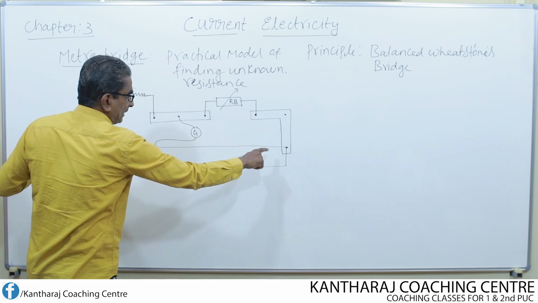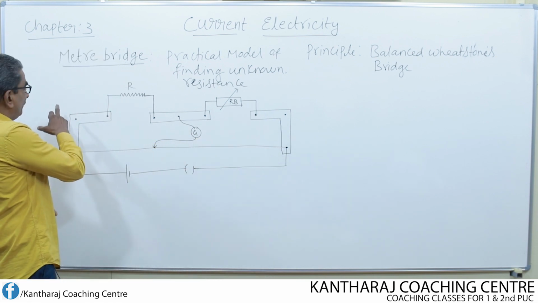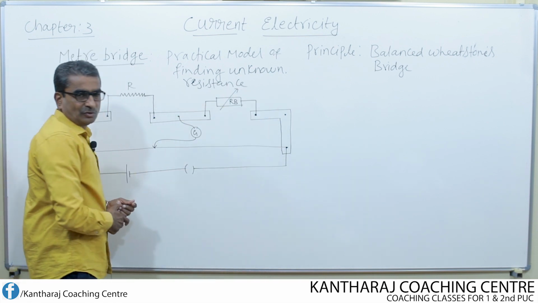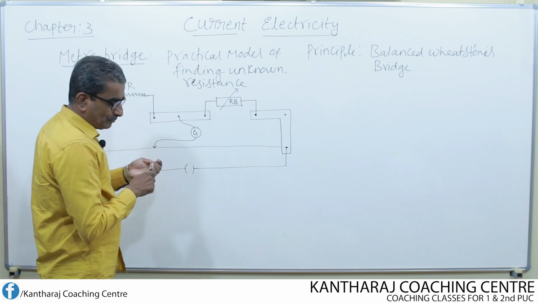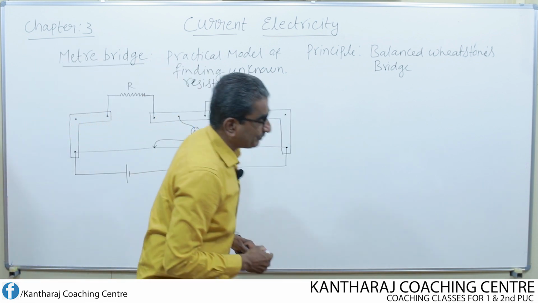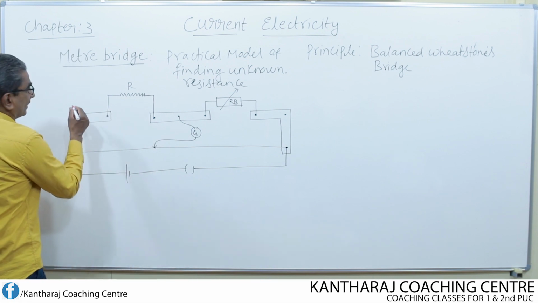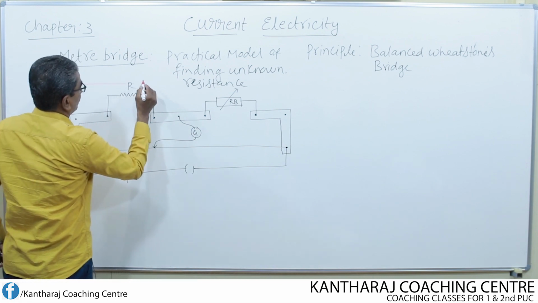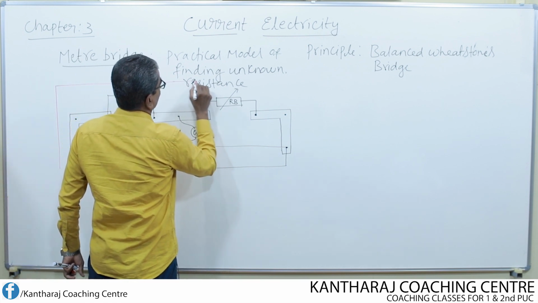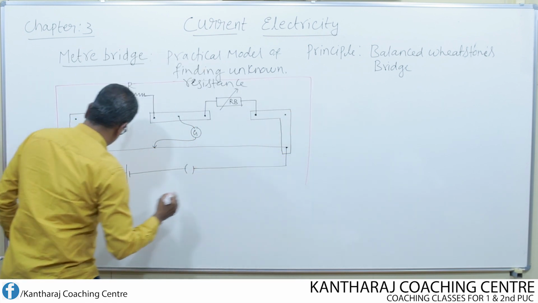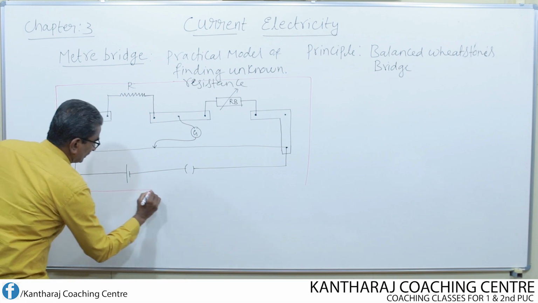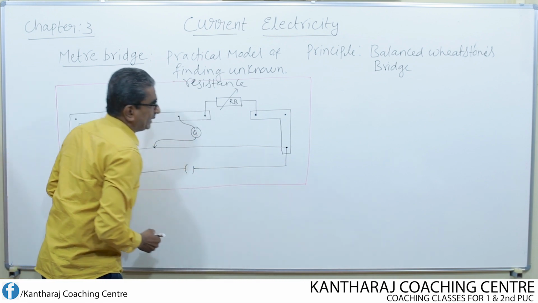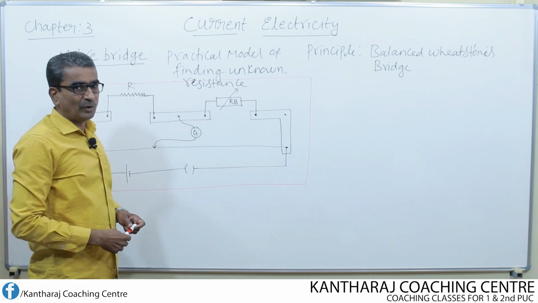These two L-shaped metallic strips are fixed on a long wooden board. So there will be one long wooden board over which the L-shaped strips are fixed. This long wooden board will be of length slightly greater than 1 meter.